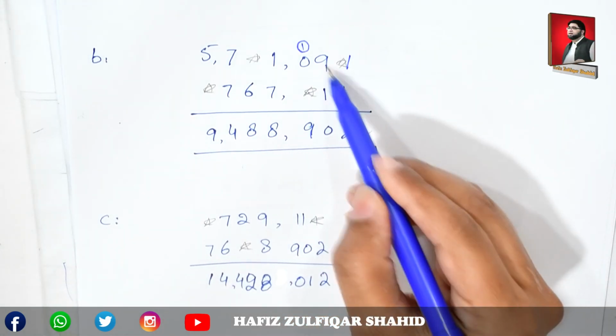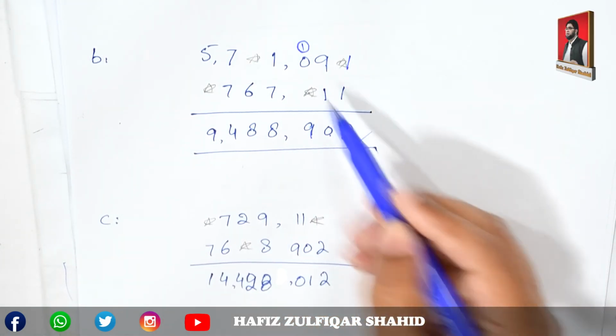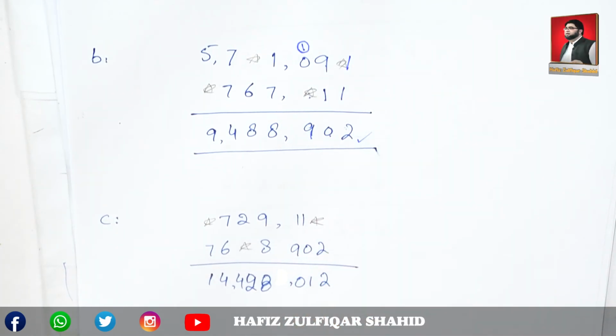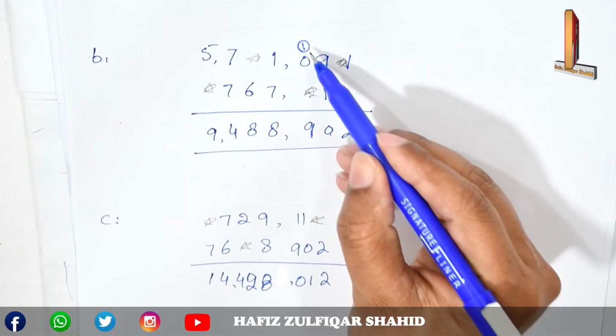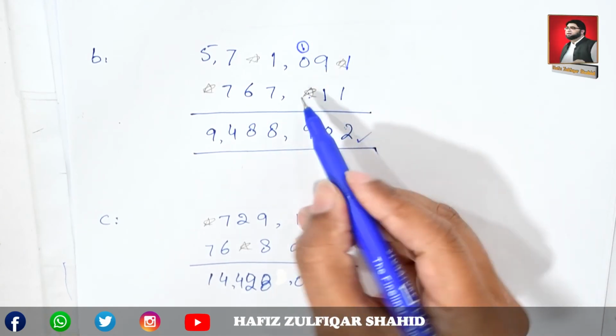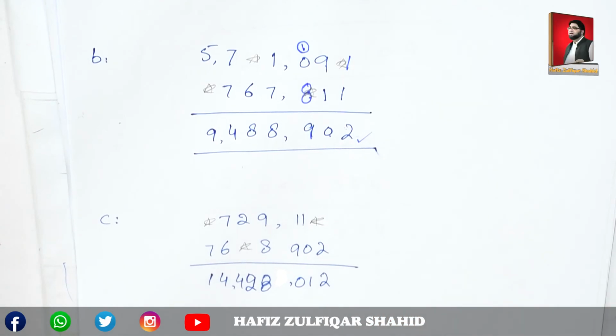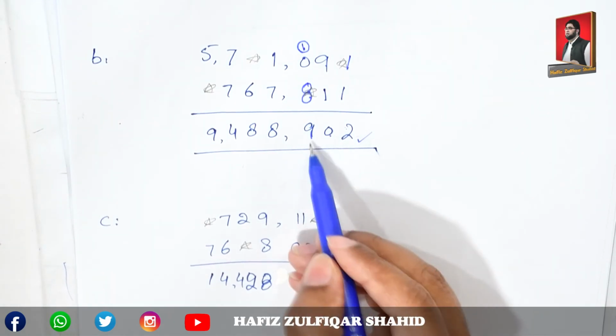How? See, 9 and 1 is 10, 0, 1 carry. Now what we have to write here? 9 minus 1, 8. Now add 1 and 8, answer will be 9.